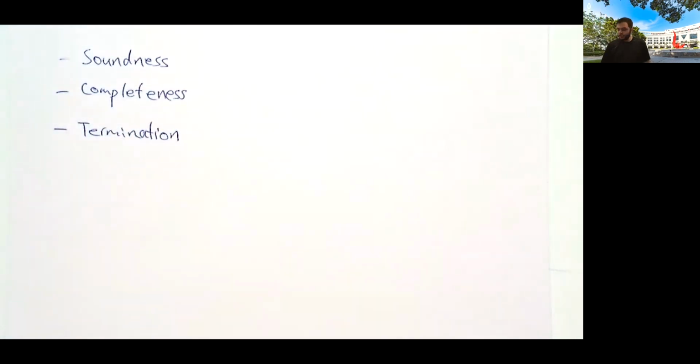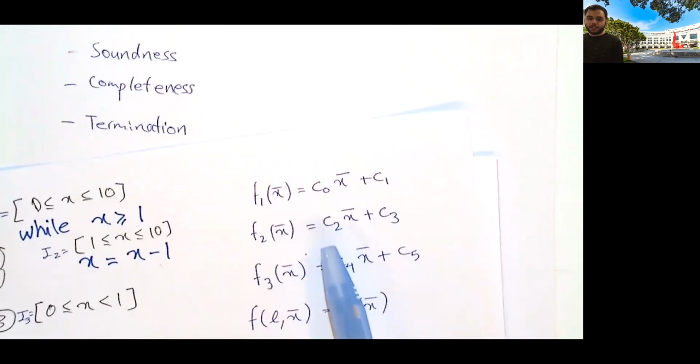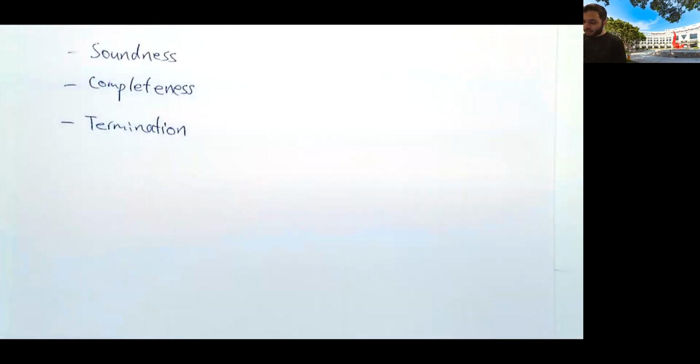Okay. But now we actually have an algorithm for proving halting, right? We have an algorithm for synthesizing these kind of linear ranking functions. So the question is, which one of these properties do we have? Is our algorithm sound? Any ideas?